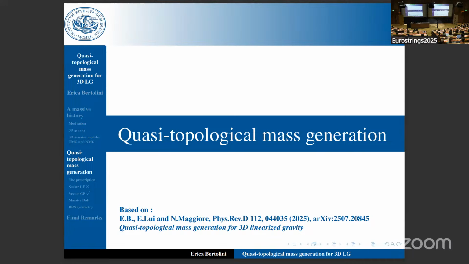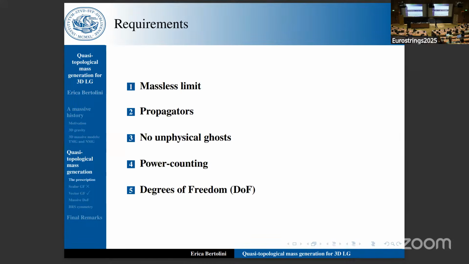And I have to underline that a difference here is that we are going to work only on the linearized gravity part. So the nonlinear version will be studied in the future. On the contrary, in topologically massive gravity and new massive gravity, they started from the nonlinear terms.